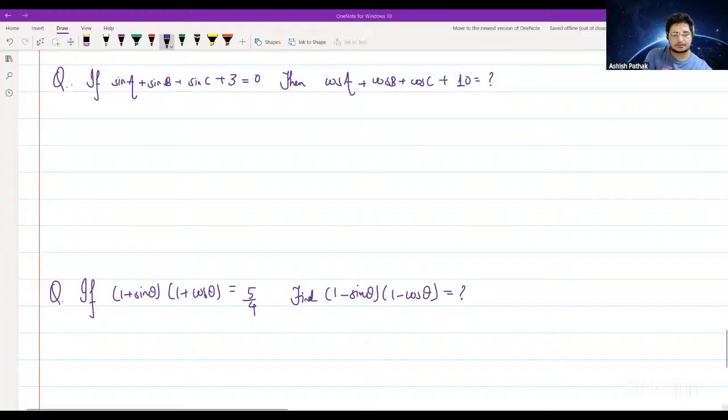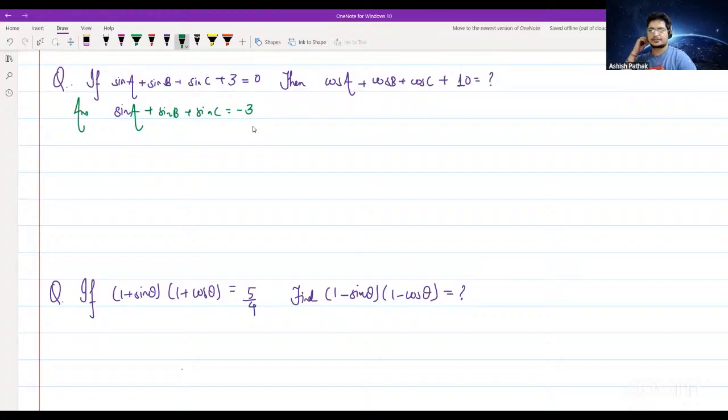Yeah, got the first answer. So we can also write it like this. If I write sine A plus sine B plus sine C, that is equal to minus 3, right? And tell me, what is the minimum value of sine?